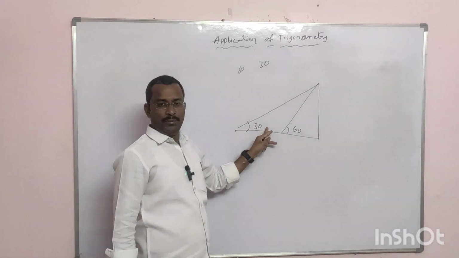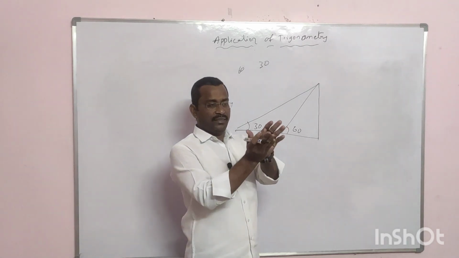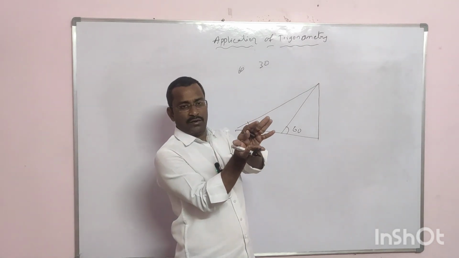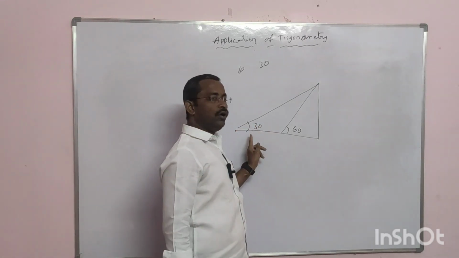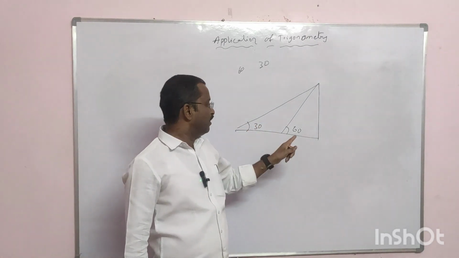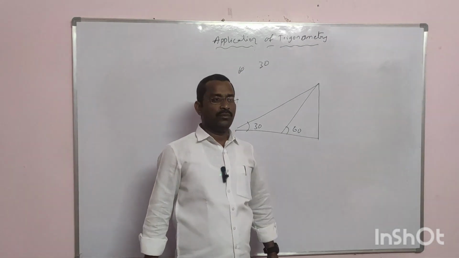When distance is less, angle increases. అంటే డిస్టెన్స్ ఇస్ మోర్, యాంగిల్ ఆఫ్ ఎలివేషన్ ఇస్ లెస్. When distance is less, angle of elevation is going to be more.